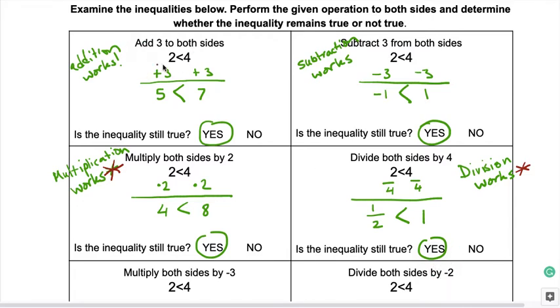We don't have to worry about negatives with addition and subtraction, because adding a negative is the same as subtracting, and subtracting a negative is the same as adding. So we don't have to worry about negatives when it comes to adding and subtracting. But multiplying and dividing we do, because it changes things. So let's look at multiplying and dividing a little more carefully.